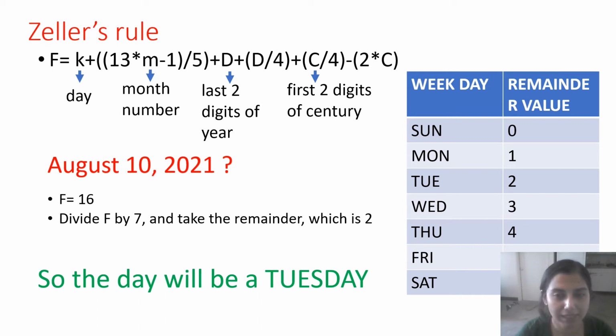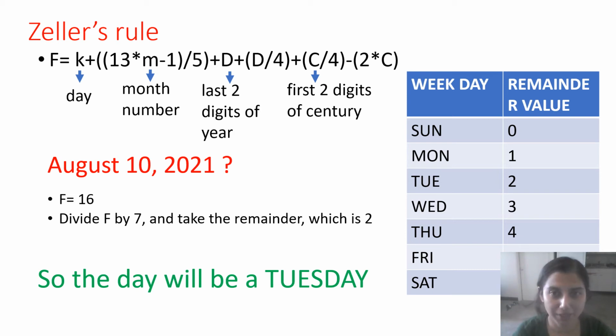For weekday calculations, we consider Sunday to be 0, Monday to be 1, Tuesday to be 2, and so on. If you look at this table of weekday to remainder value, you can know which weekday your remainder corresponds to. Here my remainder value was 2, and that corresponds to a Tuesday.